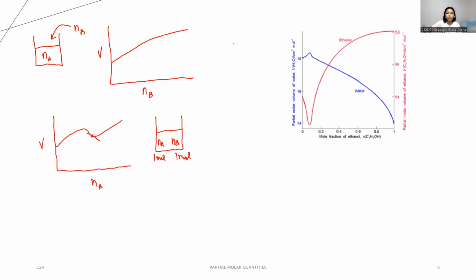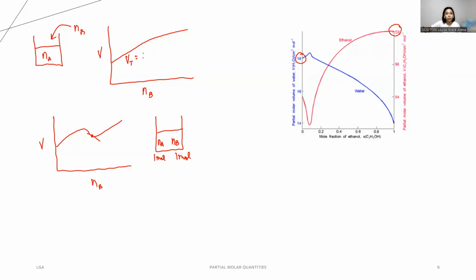So if you disregard the partial molar volumes of each component in your solution, then you would think that the total volume is just equal to the sum of the molar volume of pure water plus the molar volume of pure ethanol, which are 18 and 58 cm³ per mole respectively.